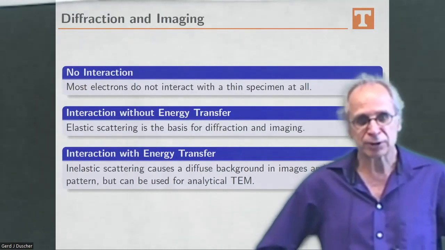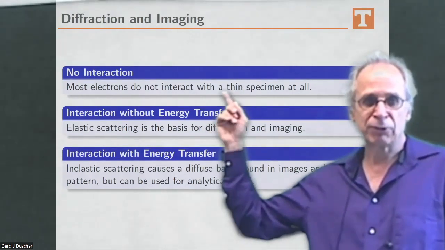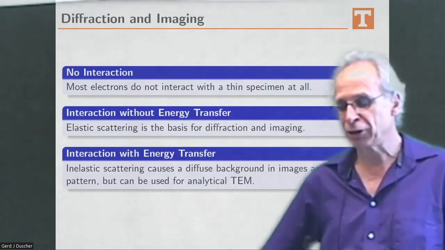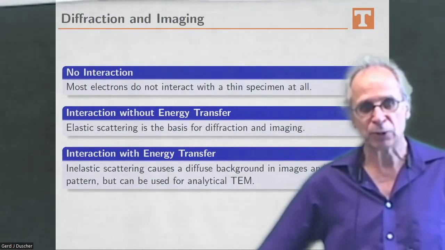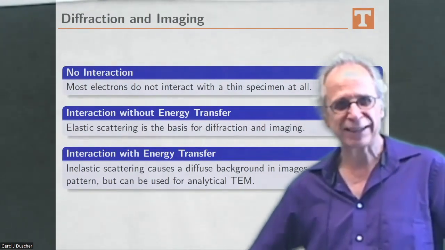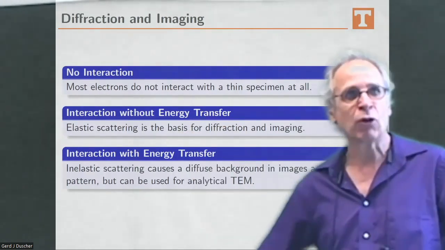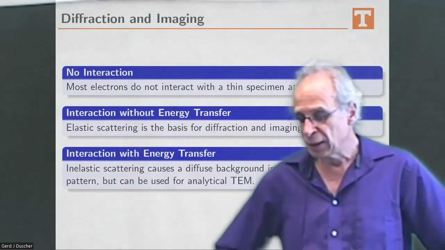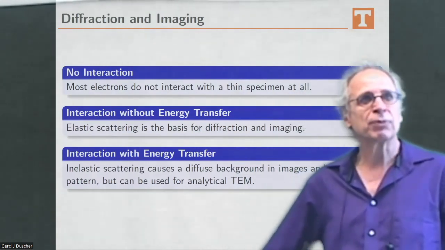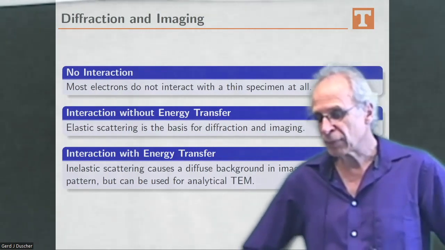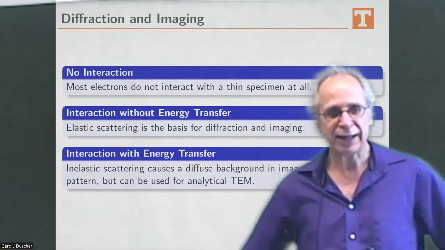For the interaction, if we summarize that, we have mostly no interaction if our sample is very thin. So that's what we want. We want something like 90% or more not interacting at all with the sample. Without energy transfer, that is elastic scattering.